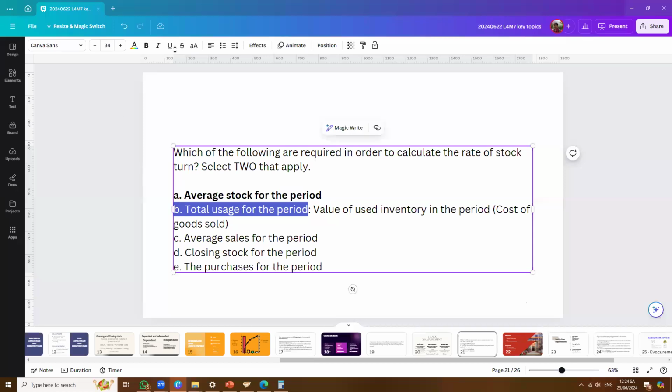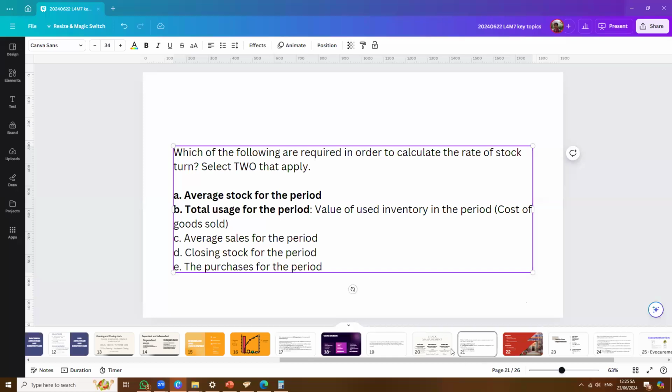So this question just requires you to understand the nature of different numbers from the formula. And the problem is not every CIPS student is an accountant. That's why they may use some accounting term or some synonym to confuse you. And this question is an example. We know the formula.